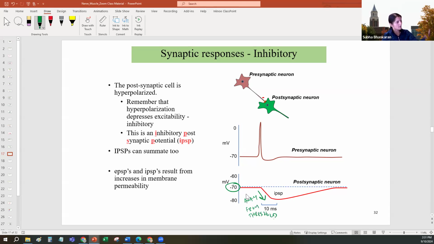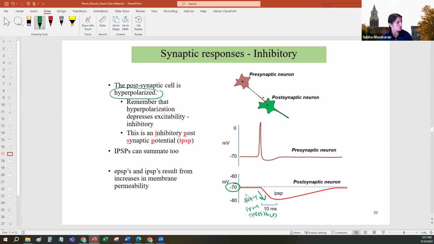So if it is moving away from threshold, is an action potential likely or not likely? Not likely. Okay, so basically, inhibitory synapses will cause hyperpolarization, make it more negative because it is going away from threshold.